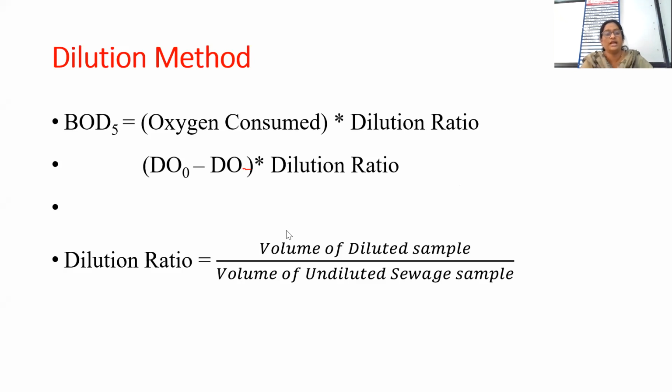Okay, note down this formula. So here should be 5. So please write here 5. Because oxygen consumed is the DO naught minus DO5 into dilution ratio. And how to calculate dilution ratio?